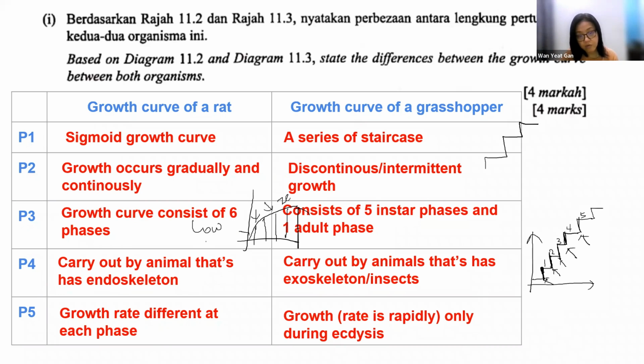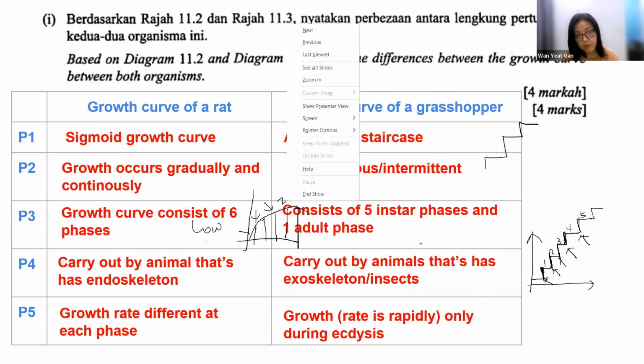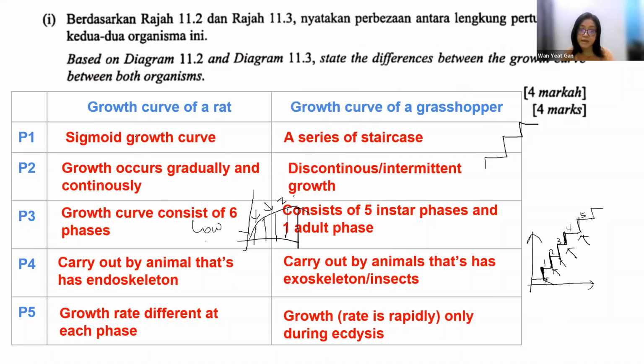Then you have 0 growth rate, and then when you reach senescence and death, it becomes negative. So the rate is different at different phases. You have low, then exponential very fast, and then slow down, and then zero, and then it will slowly become negative, for the growth curve of a rat.